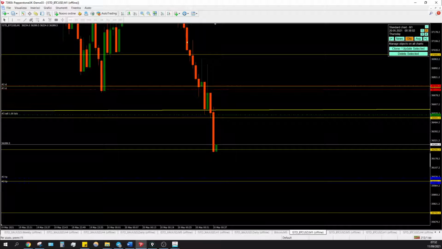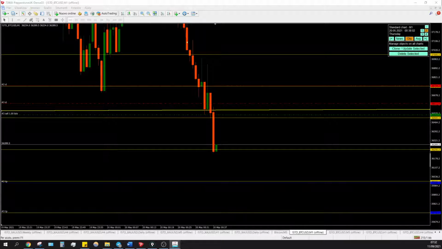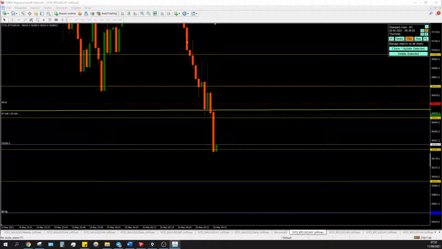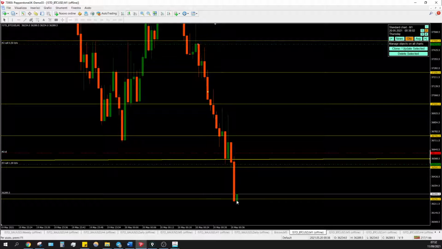So there's no reason to risk the full stop loss. So I'm going to take this one right here and take profit down. This is the full take profit. For the first one, we still have 50% at over 100.